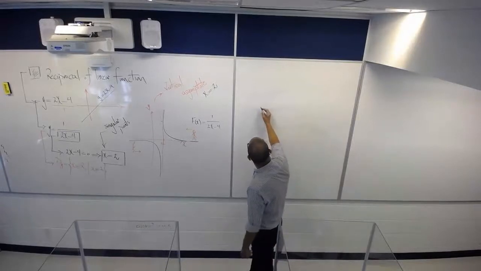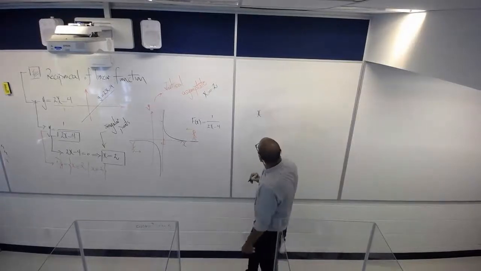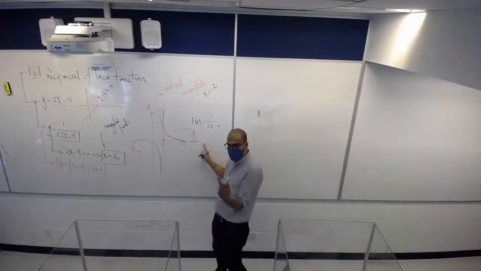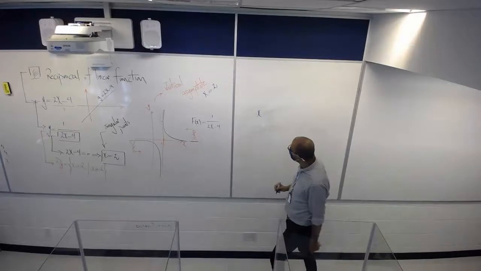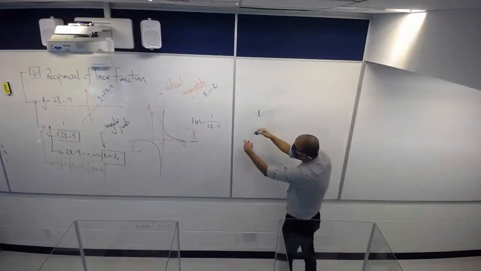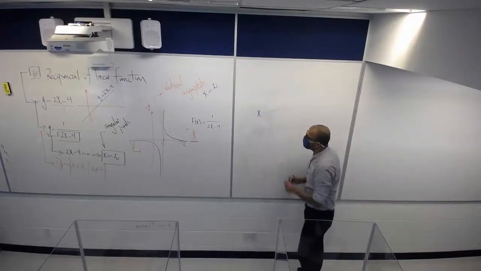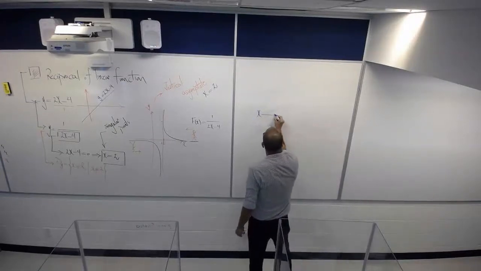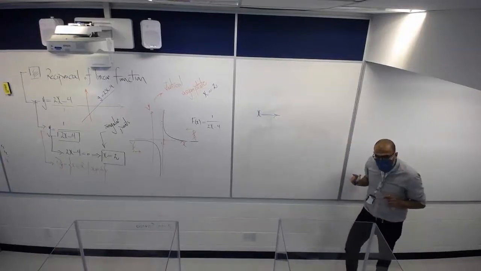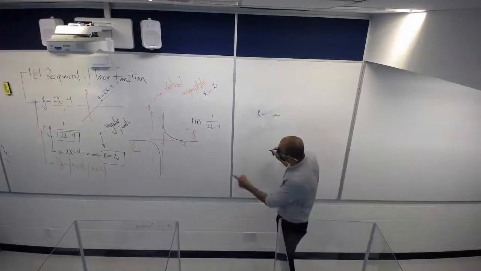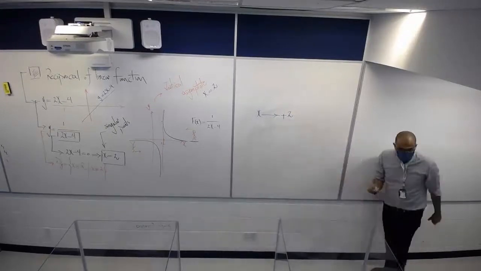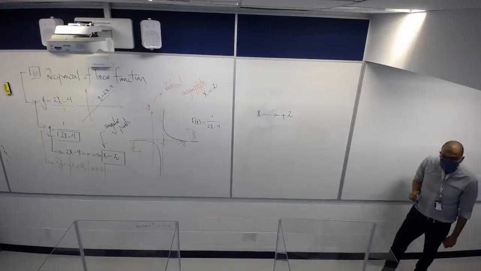If X represents the path of Ash, then X with the arrow means that X is getting close to what number? Plus 2.